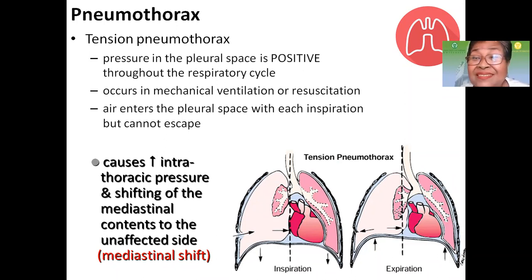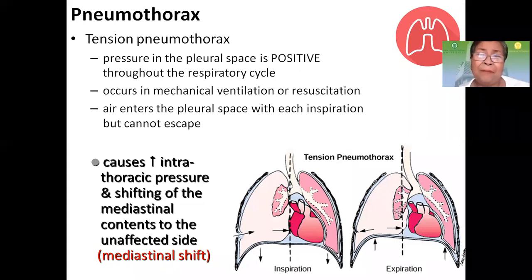Which is more serious? Alin kaya mas mahirap? Alin ang mas masakit sa dibdib? Tension. Ay, ang sakit ng dibdib nito. Tension pneumothorax, no? Kasi ang sikip sa dibdib. Okay. So, pero it is a complication of open pneumothorax.